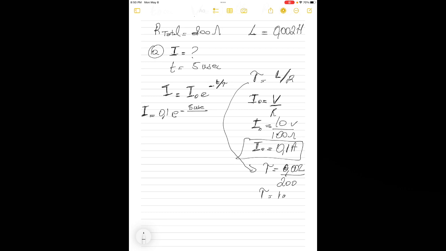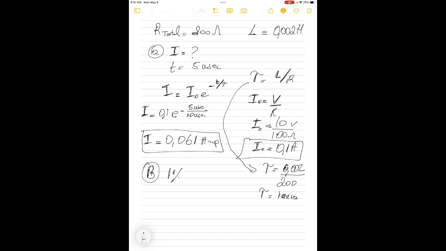That's 10 microseconds. So this is divided by 10 microseconds. So the final current is equal to 0.061 amp.